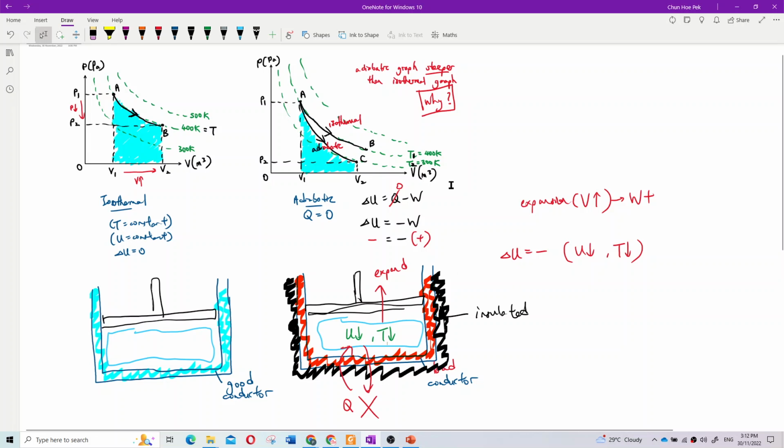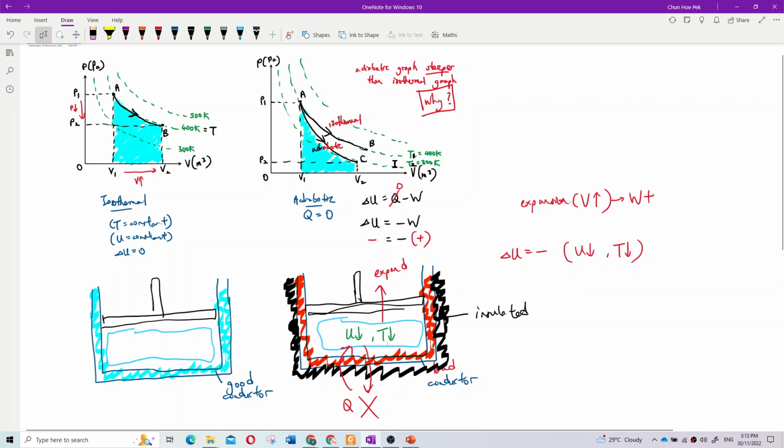So during expansion, V1 going to V2, the temperature decreases. It cannot maintain the same isotherm line. Starting from A, it cannot go to B. It must go to a lower temperature. Do you understand that?